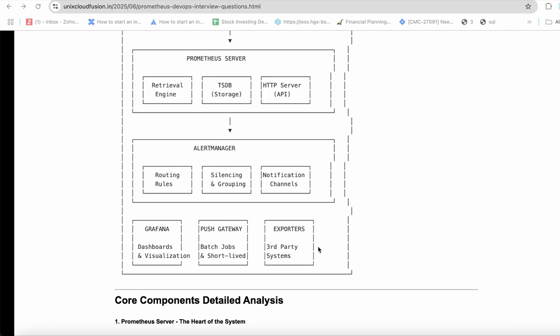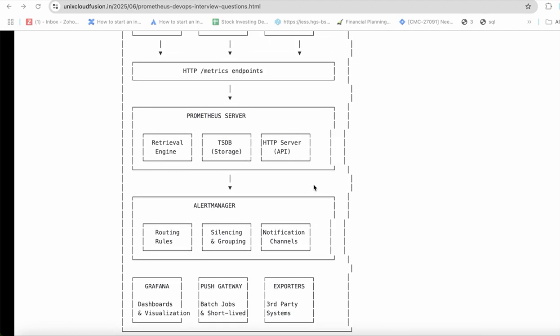Pushgateways are for short-lived jobs, and exporters are for exposing the metrics from the application directly, which Prometheus can scrape. So basically three layers: Prometheus server, alert manager, and Grafana. If you remember them, then most of the stuff you can easily convey within your interview. So this is very, very important from an interview perspective.